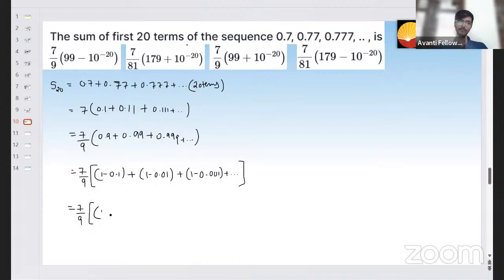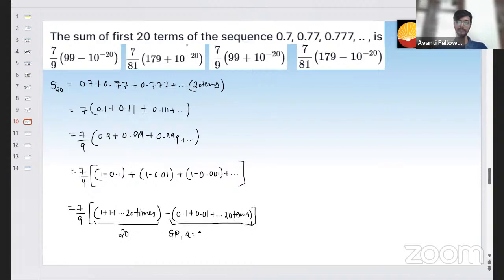I'll group 1 plus 1 plus dot dot dot 20 times. Minus, I'll take common 0.1 plus 0.01 plus dot dot 20 terms. So this will be equal to 20 and this is a GP with A equal to 0.1, R also 0.1 and N is 20.